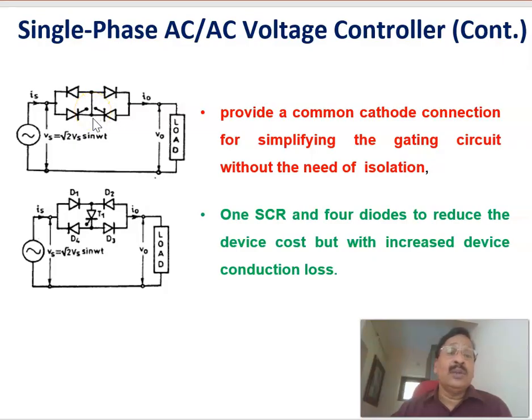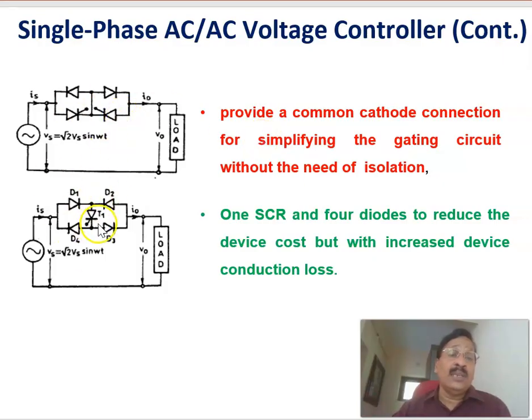Therefore, there is no isolation required between the gating signals of both thyristors T1 and T2, since it provides a common cathode connection, simplifying the gating circuit without the need of isolation. Here both cathodes are shorted, so you can apply the gating signal with respect to this point.